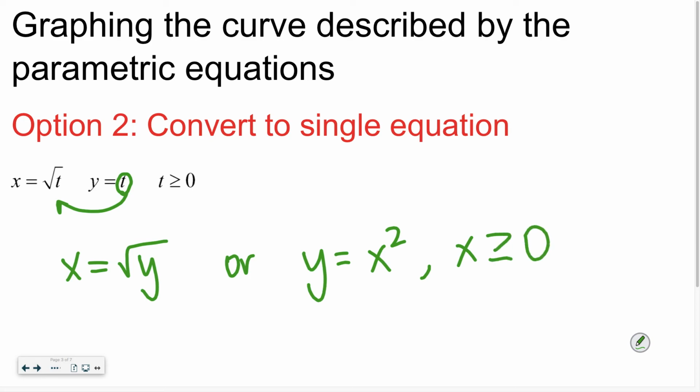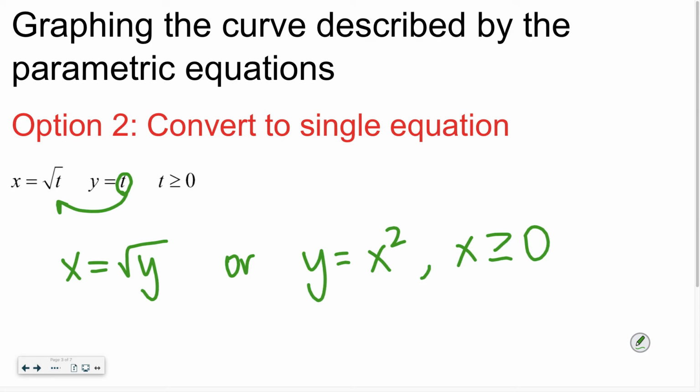How do I know that x is greater than or equal to 0? This t restriction: when I plug 0 in for t, we get x as 0. So x also needs to be greater than or equal to 0 because we can't plug in any negative t's. Can you not plug in like -1 for x on the far left one?